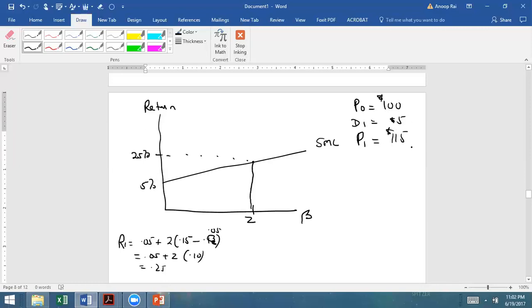Okay. So would it be worth buying this stock? For that, let's see what our expected return is, or what the market is expecting to get. So the expected return is, remember, new minus old over old. So at the end of the year, I'll get a price of 115 plus $5 dividends.